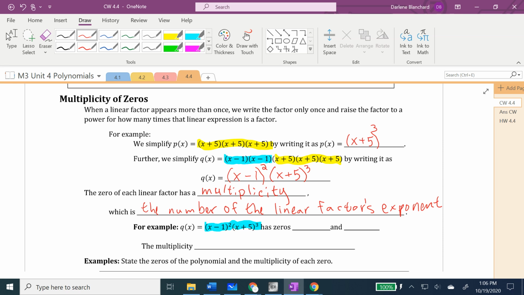The zeros are what solve the equation when you set it equal to 0. And remembering back to your homework so far, when you've factored a polynomial and it's set equal to 0, in order to solve that equation, you set each individual factor equal to 0.